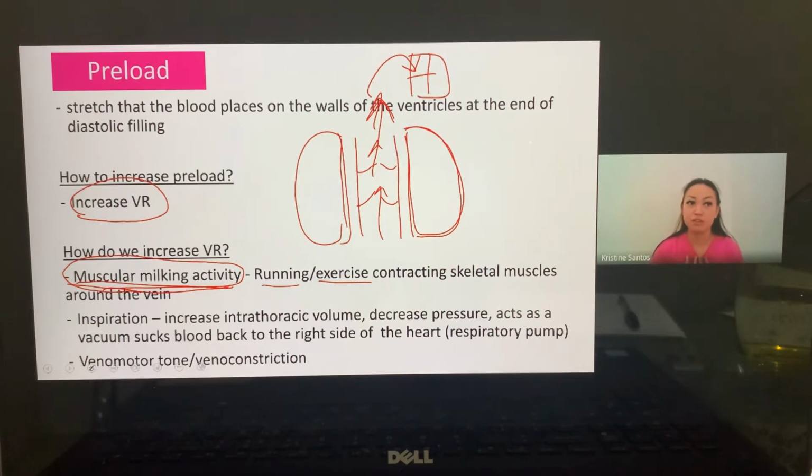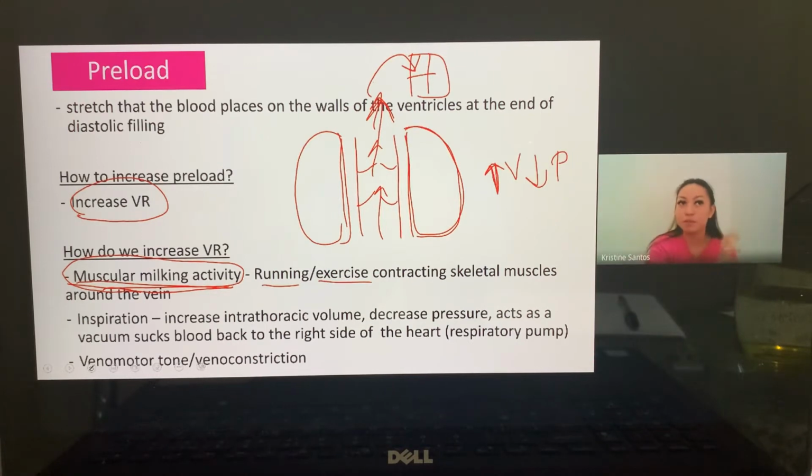We have more volume in the chest cavity. Volume and pressure are inversely related, so if we increase our volume in the thoracic cavity, we're going to decrease the pressure in the intrathoracic cavity.